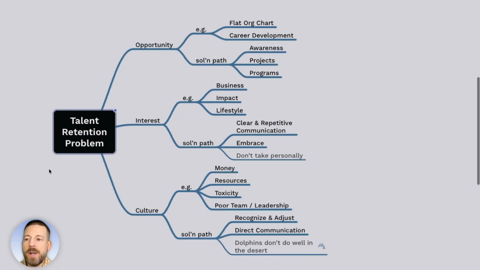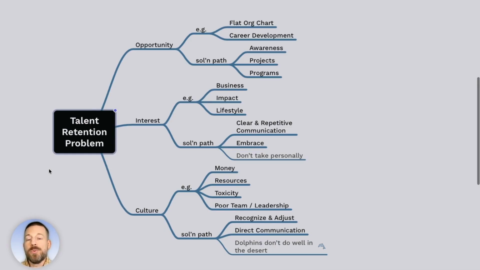Culture is about recognition and then making adjustments. And now I'll even highlight the fact that you may not want to make adjustments, and that's okay. If you recognize that your culture is a big part of why you're losing folks, you got to ask yourself, one, is our culture actually good? Is it successful? Is it what we need in order to be a huge success in our industry and for our company?